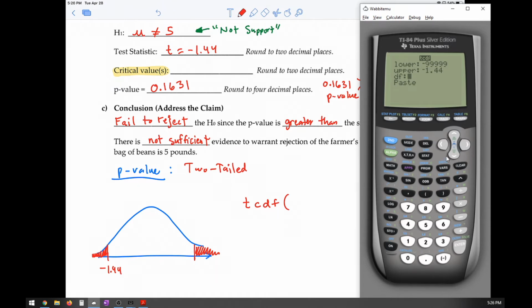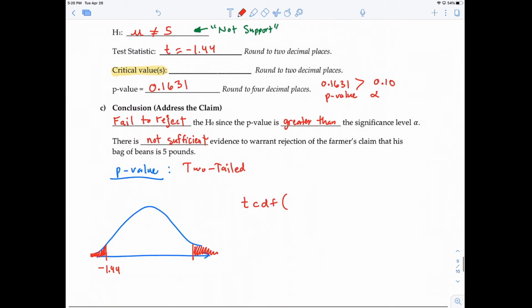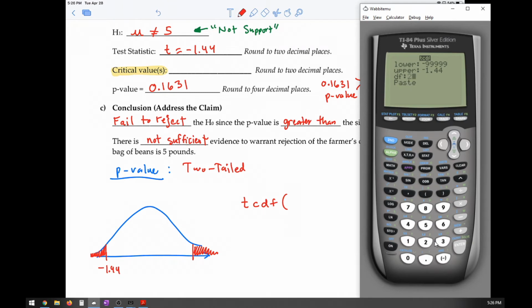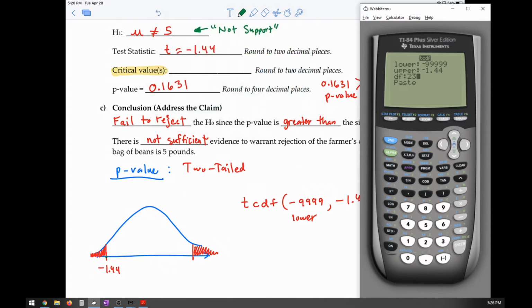And the upper is negative 1.44. The degrees of freedom is n minus 1. In this case, n is 24, so that's going to be 23. Let me write down everything. This is negative 9999, the lower, and the next input is the upper, negative 1.44. Visualizing this, this is the rightmost point, and the leftmost point is negative infinity.